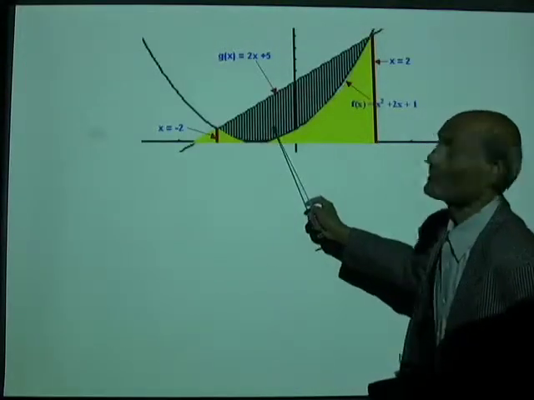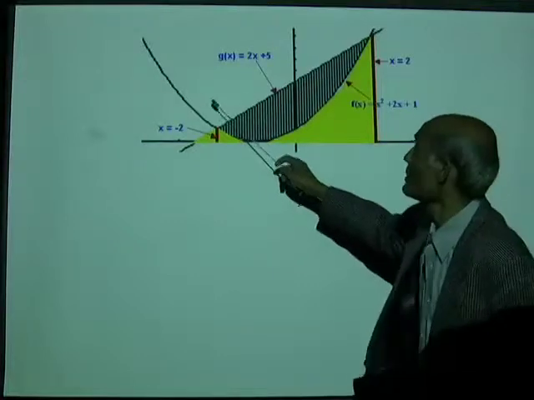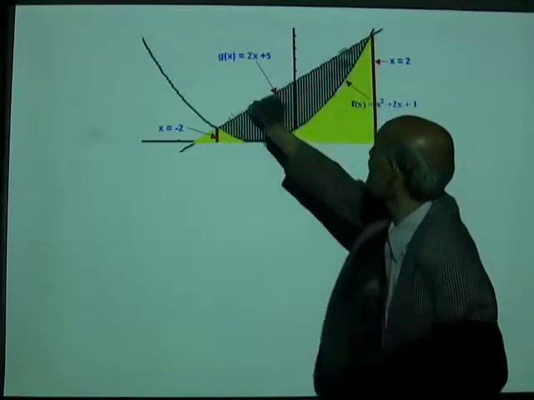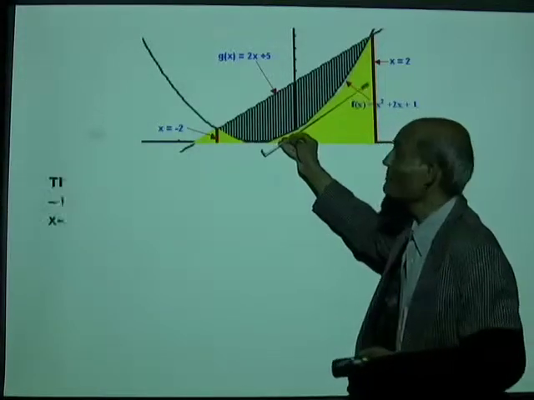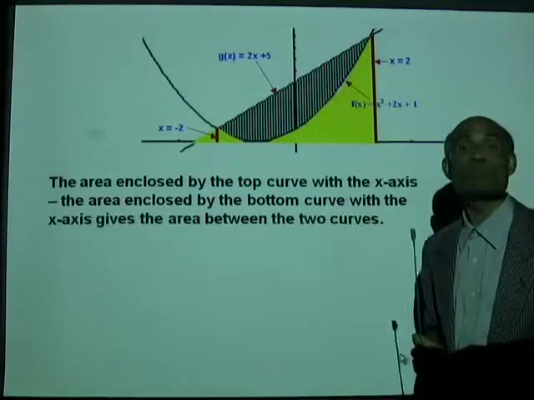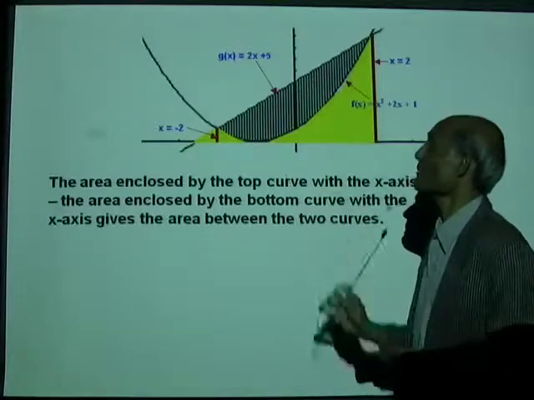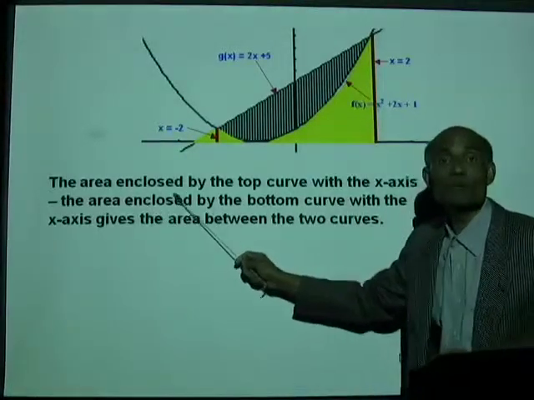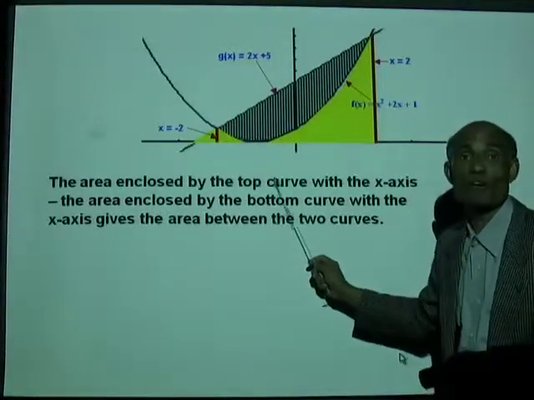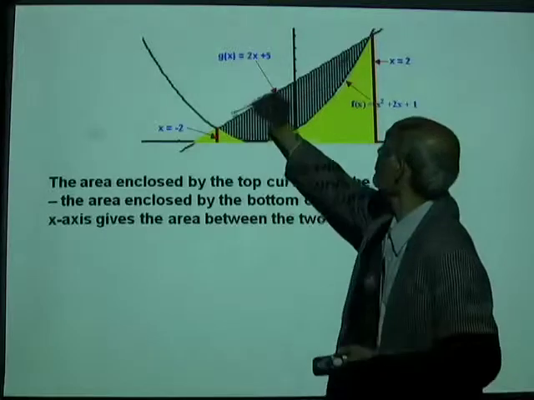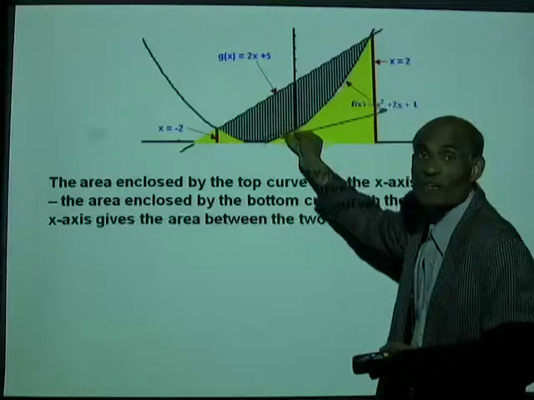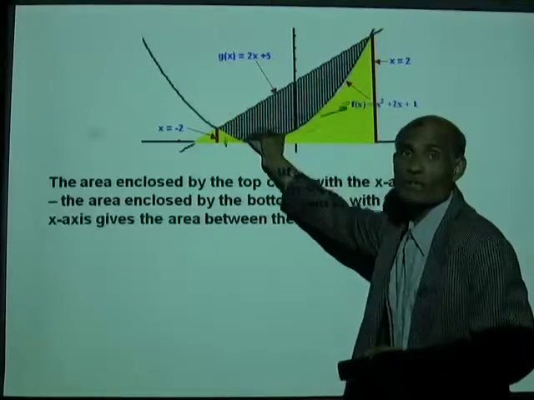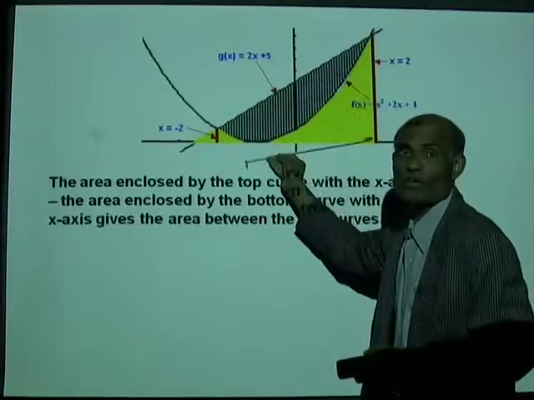Now, here we have the area enclosed by the graph of g of x and f of x. If you notice, there is a very simple way to obtain that area. The area enclosed by the top curve with the x-axis is all this area.